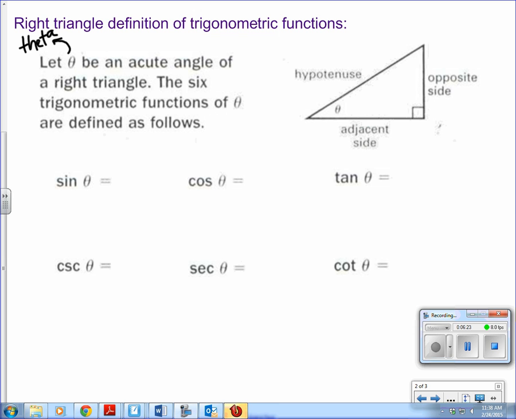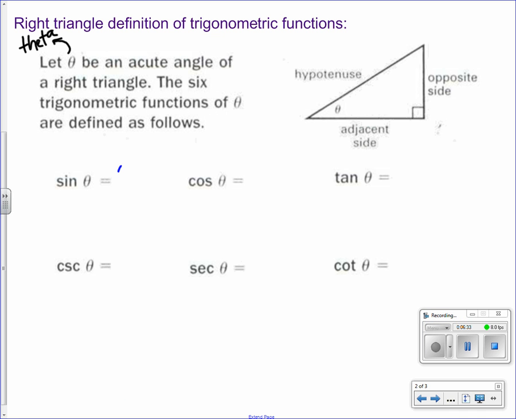What is an acute angle? Less than 90, right? So the sine of theta is always going to be the opposite side over the hypotenuse. That's an H. And I'll explain more in a second.